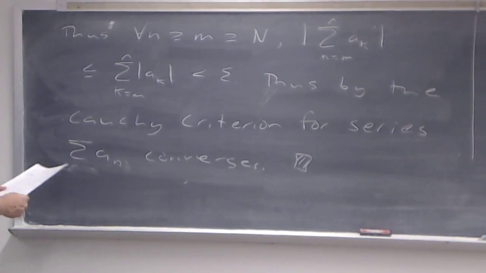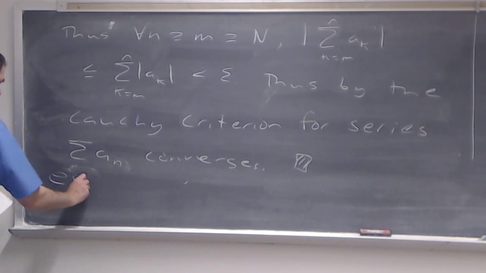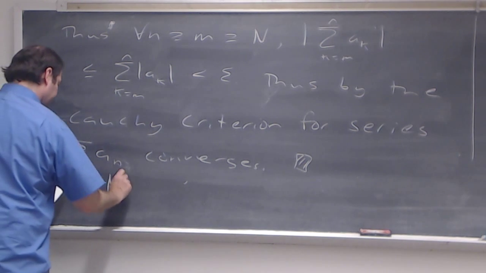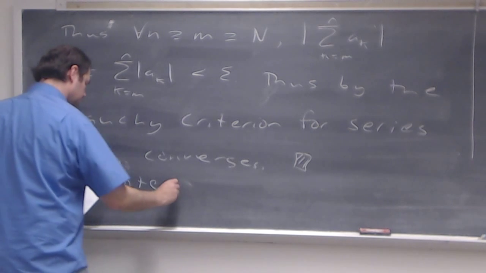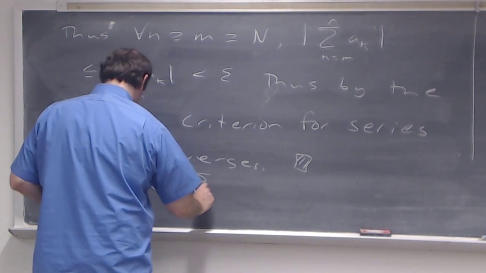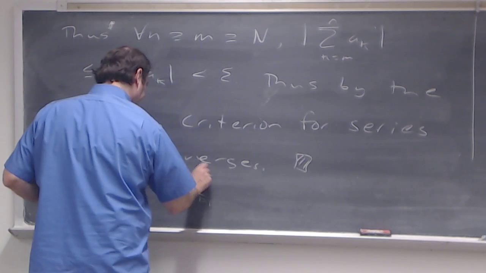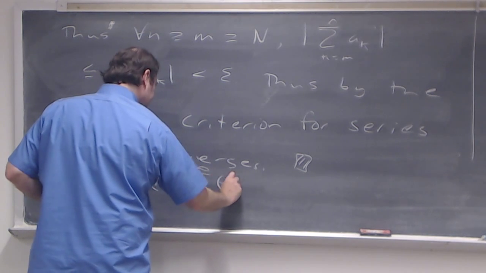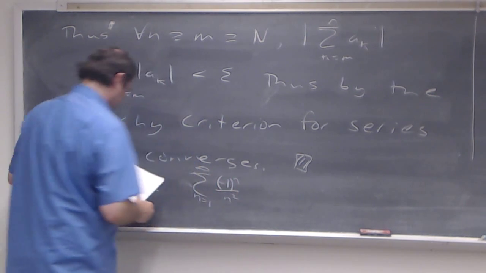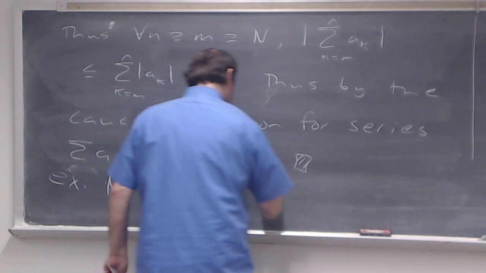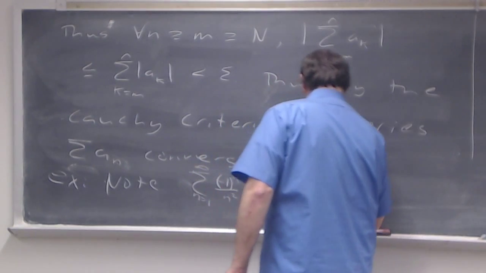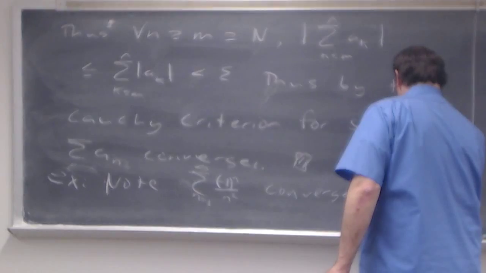I'd like to look at an example. If you look at the sum as n runs from 1 to infinity of minus 1 to the n over n squared, this converges absolutely.